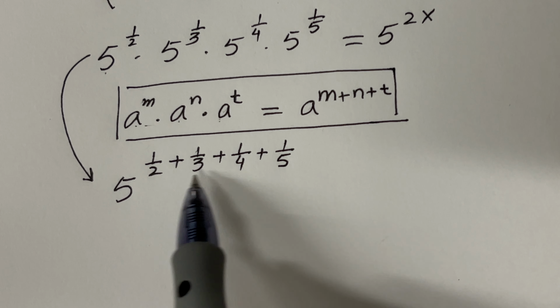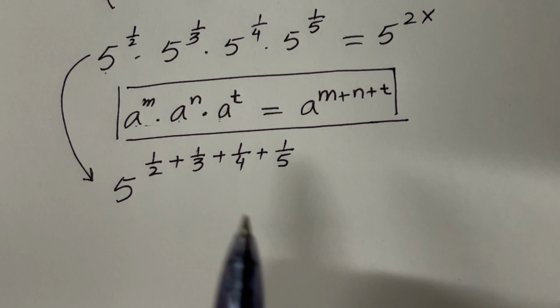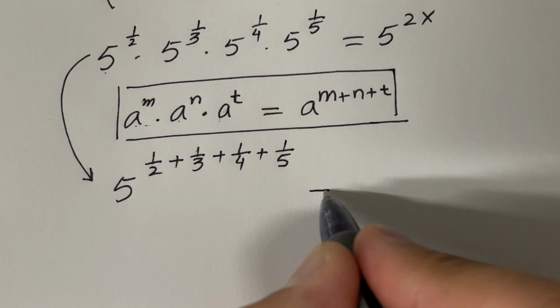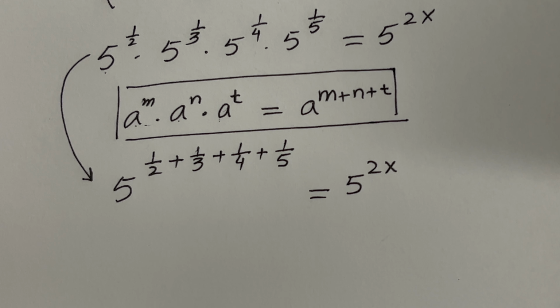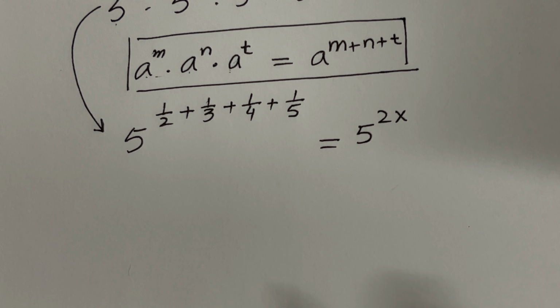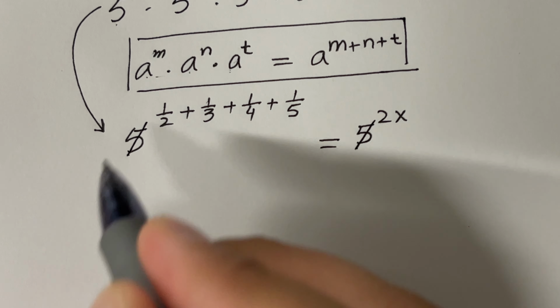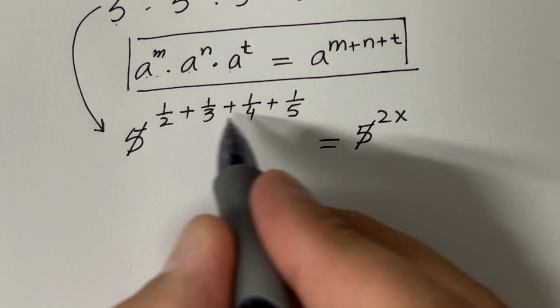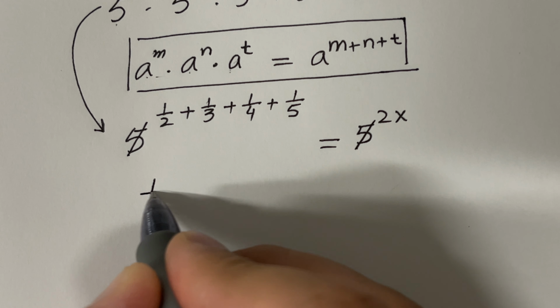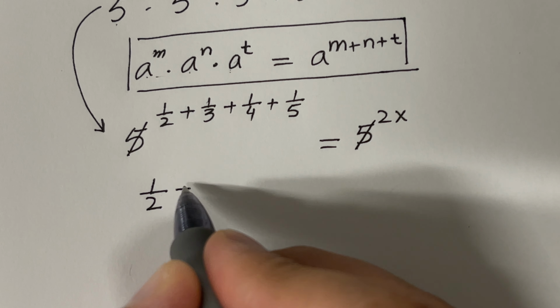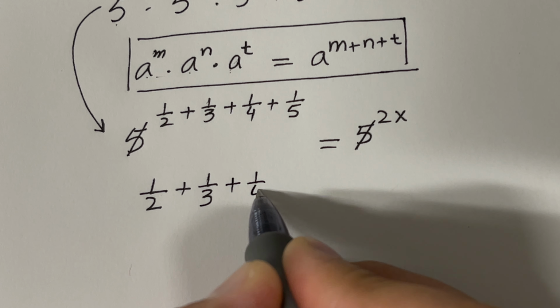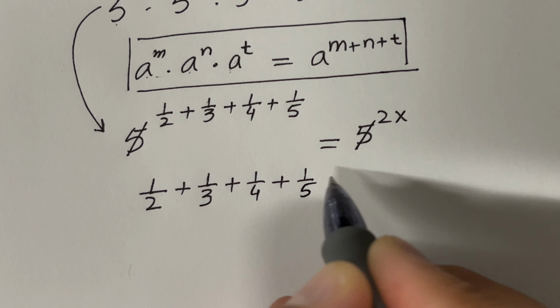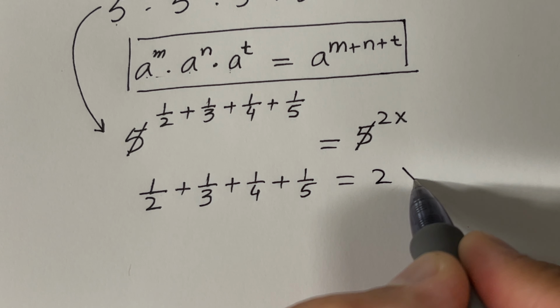No matter how many exponents we have, we just add like this, and on the right hand side we have not done anything, so that is just 5 raised to the power 2x. Now if you look here, the bases are the same, so you can just cross them out, and therefore the exponents will be the same.